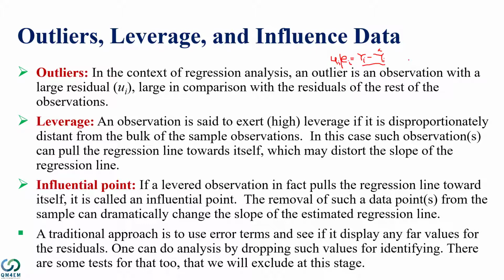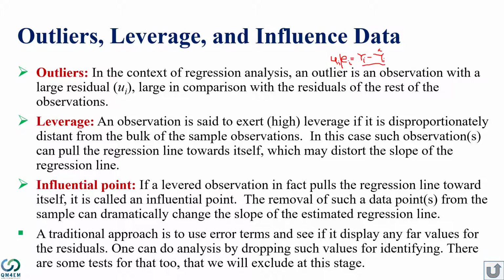However, dropping or keeping outlier values depends on the research question. It may be noted that there are some tests for testing if a particular observation or observations are outliers or not, but I will exclude that from the discussion at this point in time.